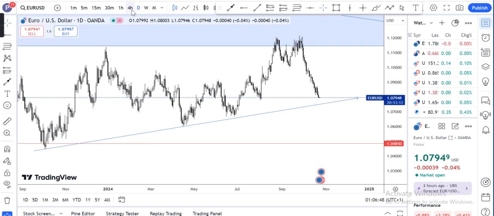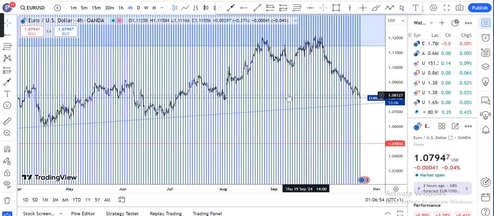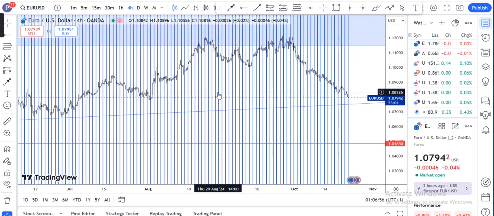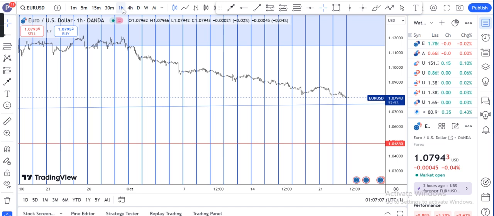So that takes us down to the smaller time frame, where we begin to get all this noise, so we won't be able to see the chart really clearly, but we have the market currently playing around this support. So all we'll do now is go down to the 1 hour time frame.